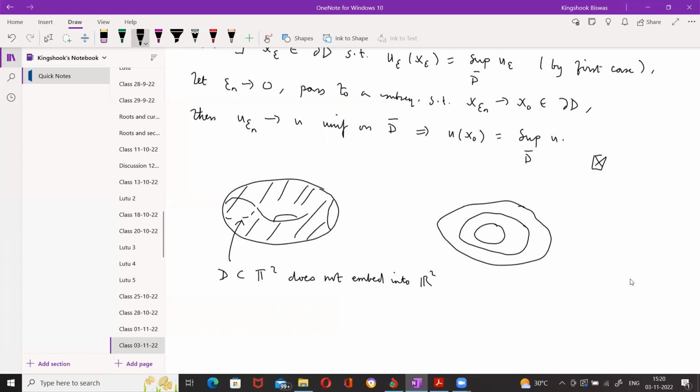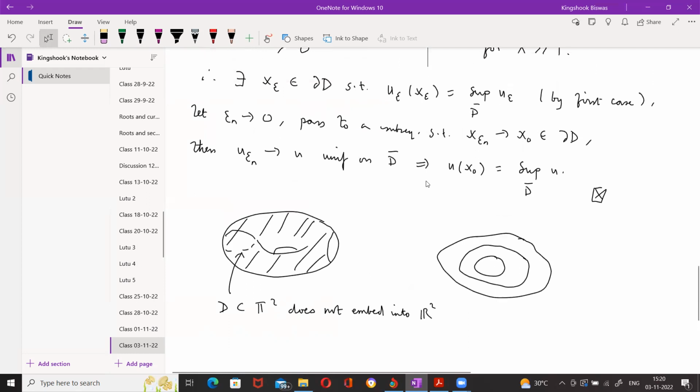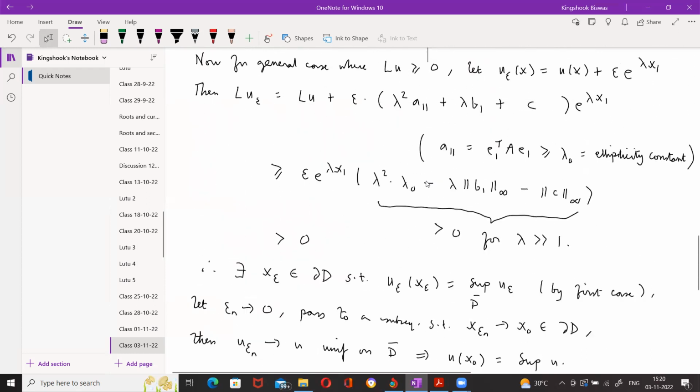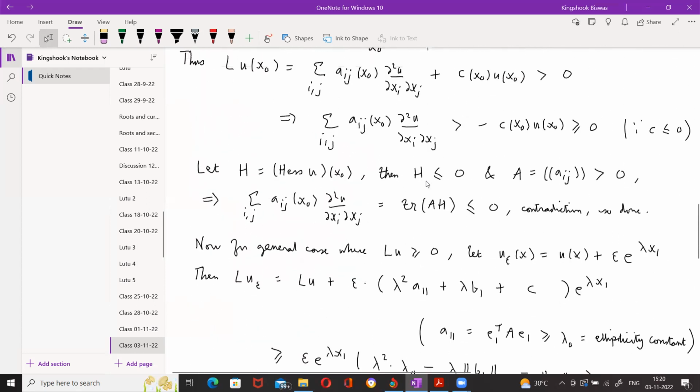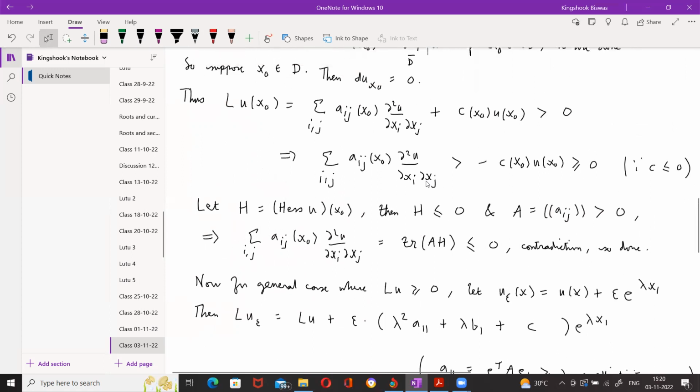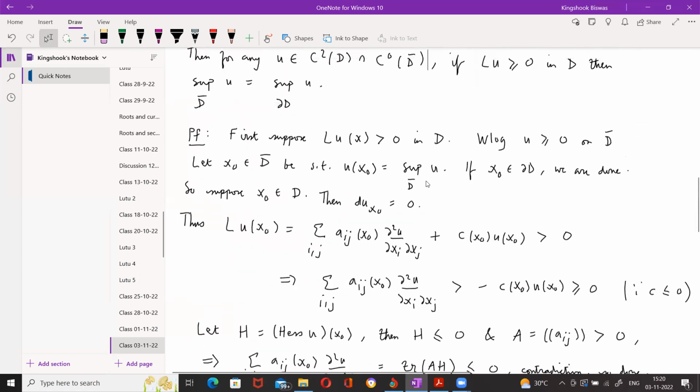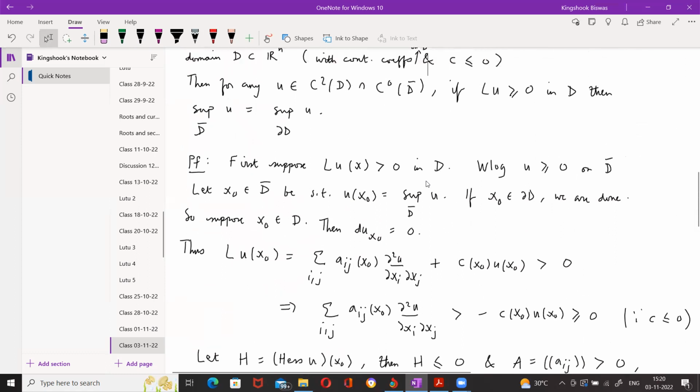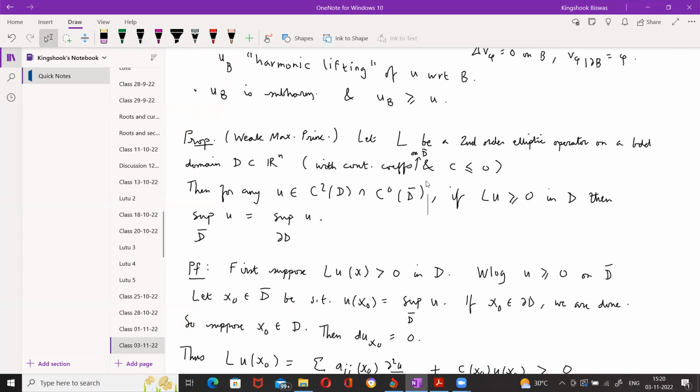So you have to be a bit careful with domains in Riemannian manifolds. We will still prove a maximum principle, but you just have to be a bit more careful. This weak maximum principle works for any domain in the manifold which embeds into Rn, for example a domain contained in a coordinate chart, such as a geodesic ball.